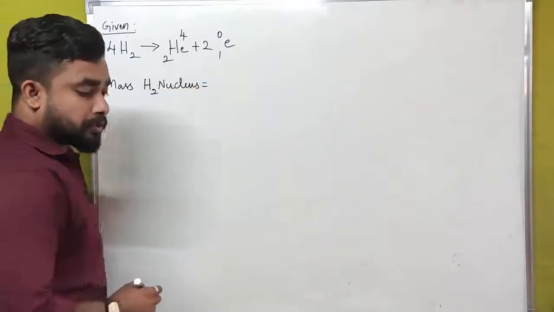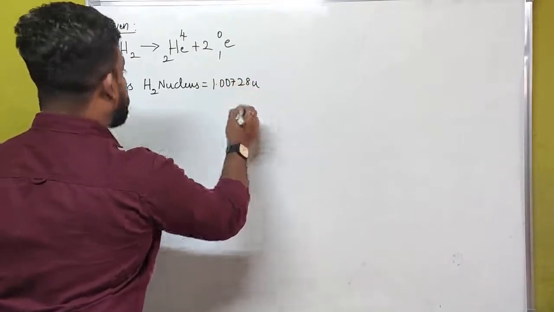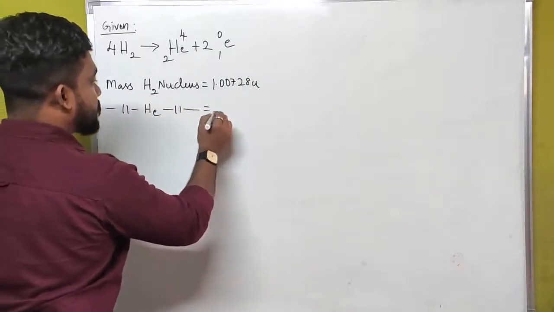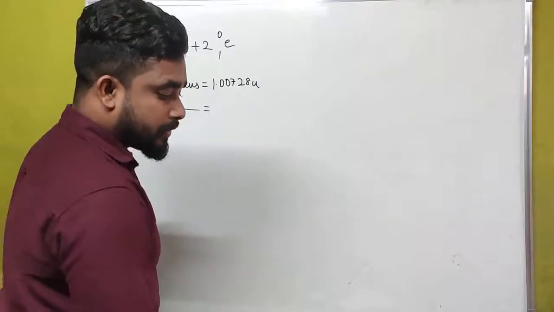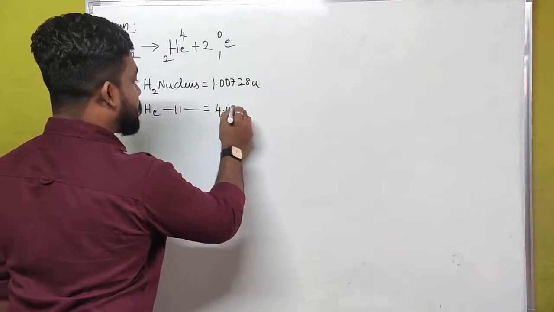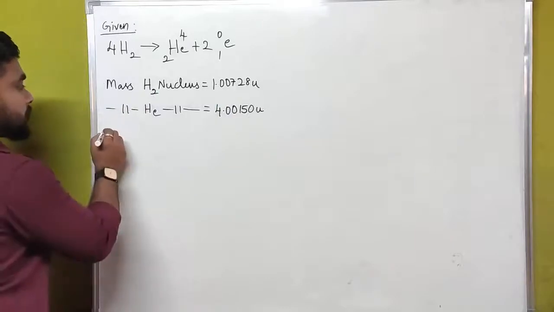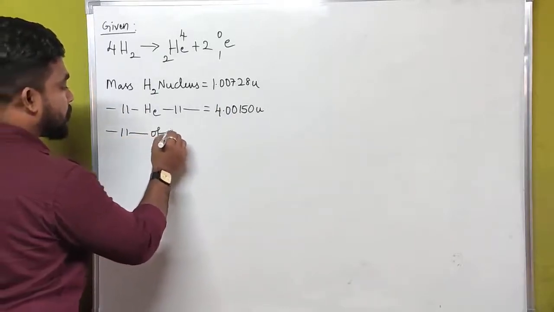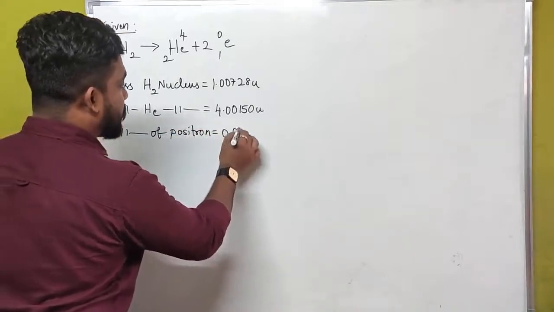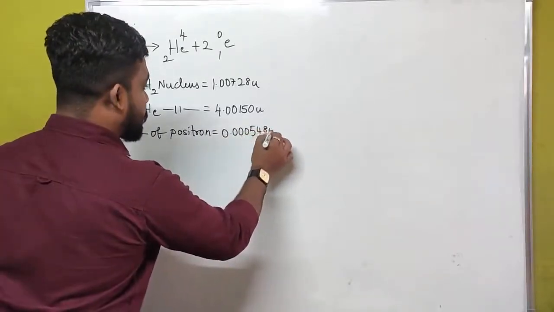is equal to 1.00728 units, and mass of a helium nucleus is equal to 4.00150 units, and mass of a positron is 0.000548 units.